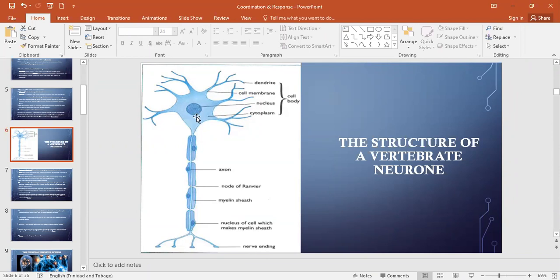As we go down, we advance from the cell body, we advance through the axon. The electrical impulse continues along the axon, which is this thin line here. And along the axon, you'll see these cells are responsible for making what is called myelin, the myelin sheath. So remember, it's electricity you're dealing with.